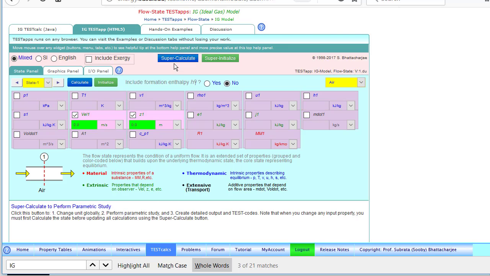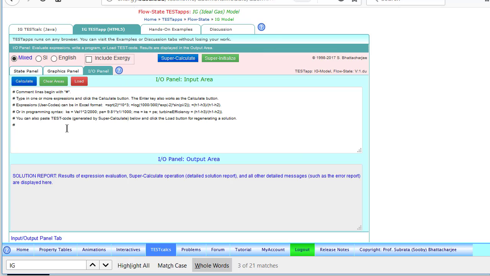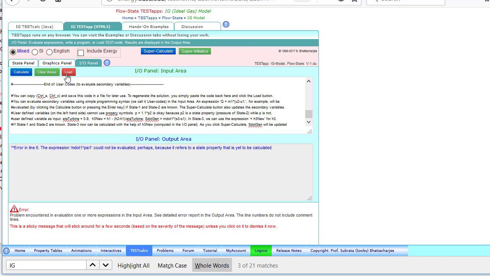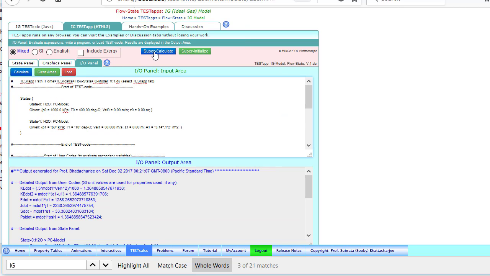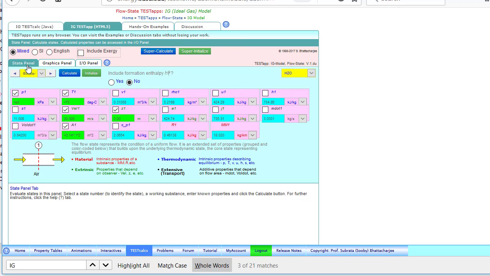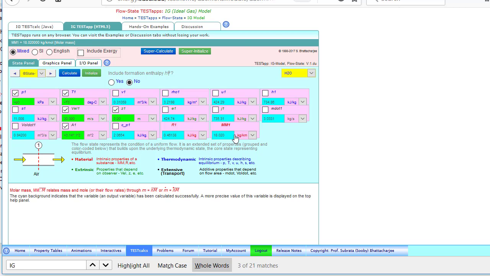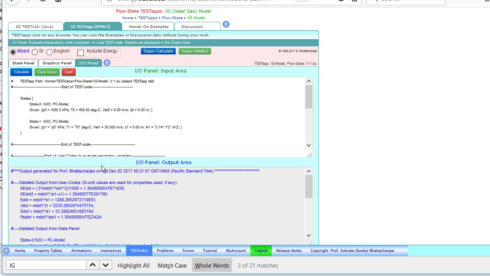And then we can Control V that code in, and then hit load, and then hit super calculate, and you'll get all the answers for the IG model. We'll go to the state panel to see m dot, which is right here, 3.03. For the PC model, we got 3.07, so it's fairly close. And then back to the IO panel, we got all our answers for the others down here.